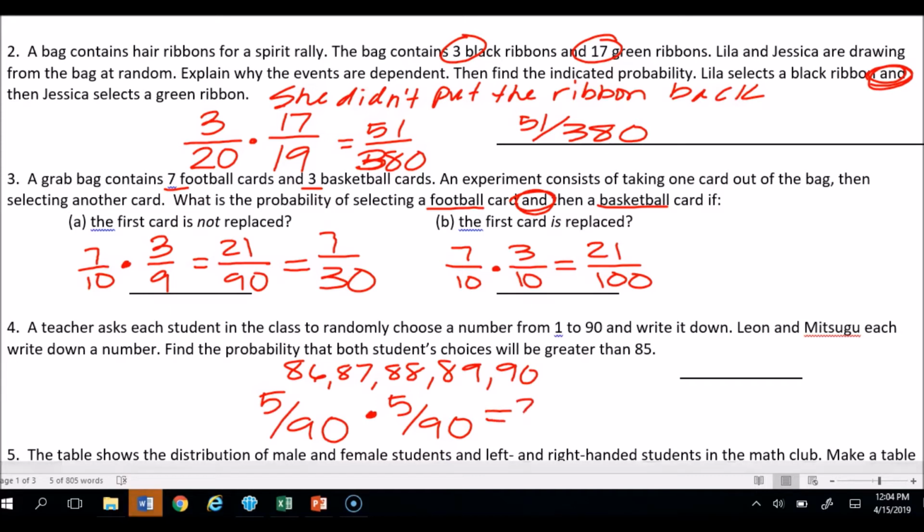So this is going to give us 25 over 8100, and that can be reduced to 1 over 324. So again, when you're trying to think through whether what happens next changes, it really has to do with, if I write something down, does what I write down affect what someone else writes down? And the answer to that is no.